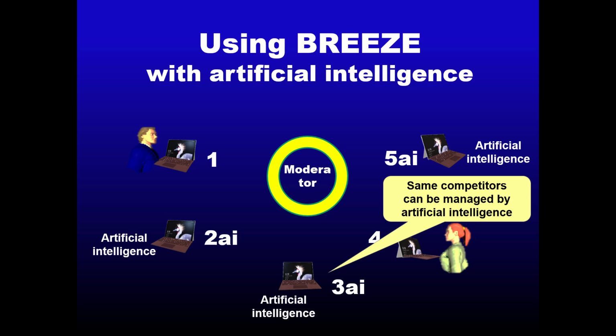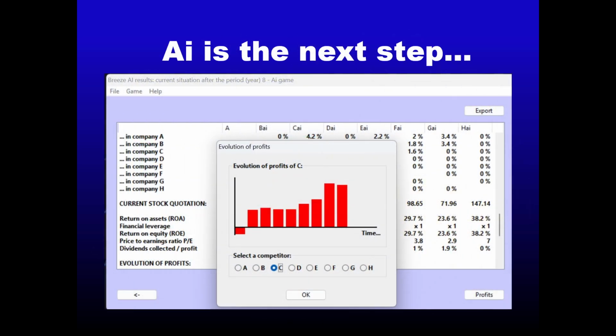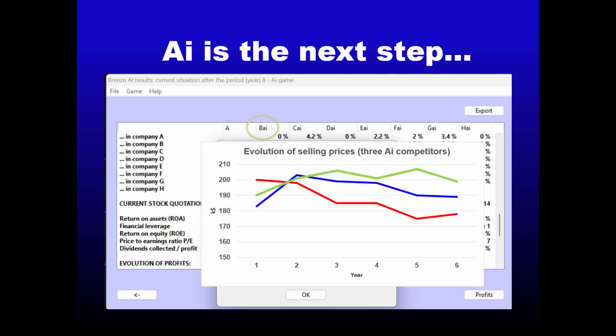The didactic benefits of such a solution are evident. As an example, the screen shows the evolution over time of the selling prices of 3 competitors managed by artificial intelligence. You can see that their marketing strategies are completely different.